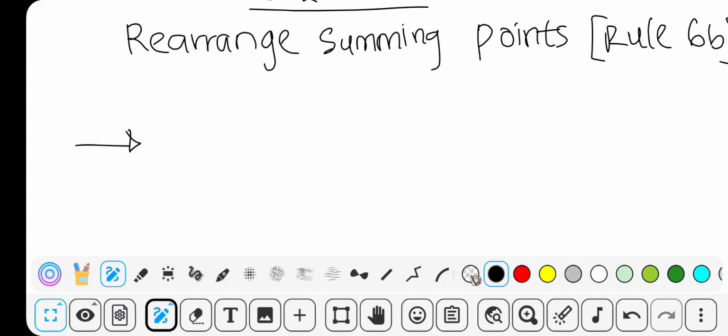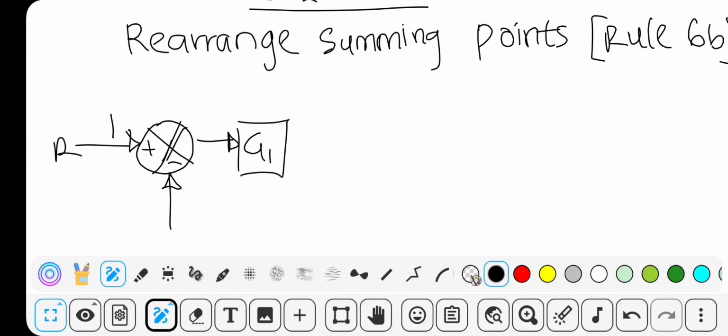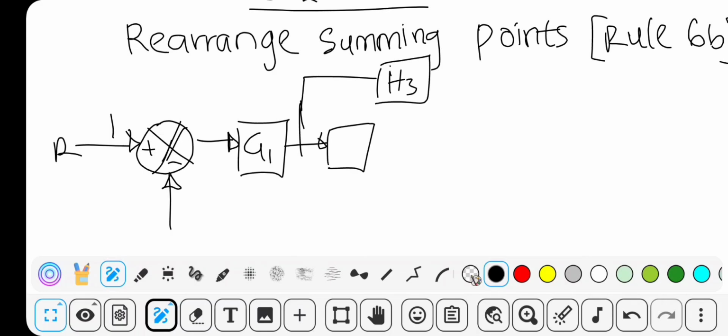and drawing the diagram again. So this is 1, plus minus G1, H3, G2.